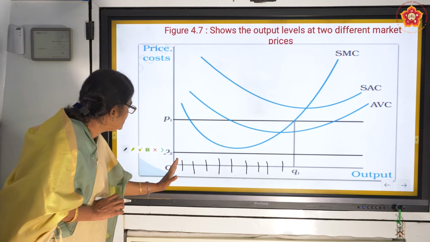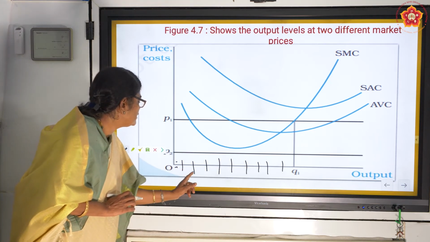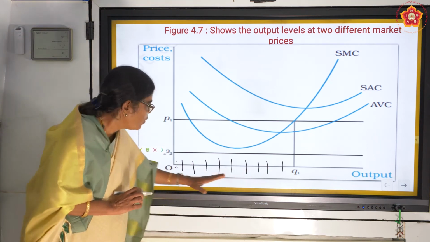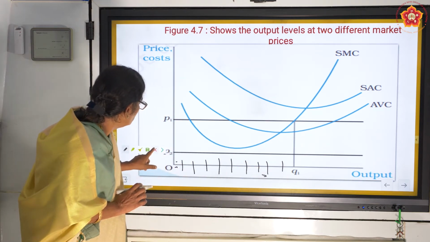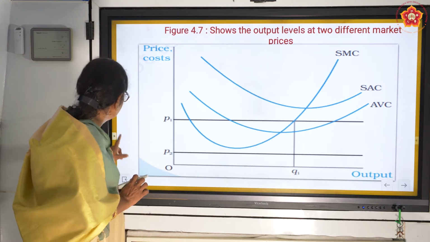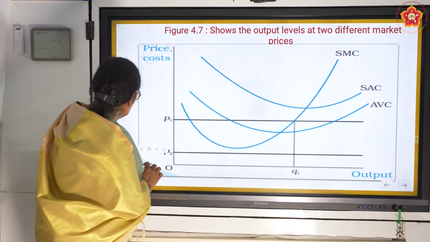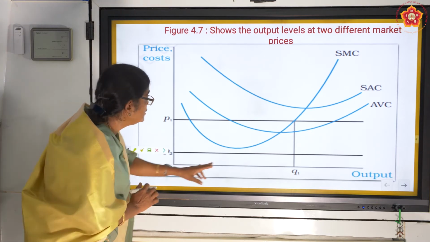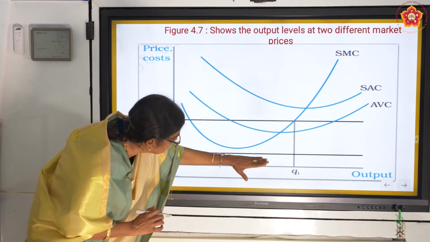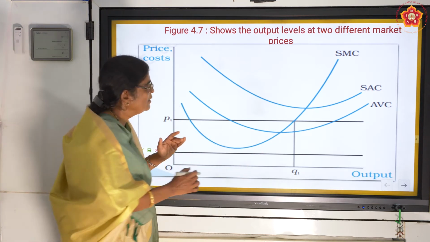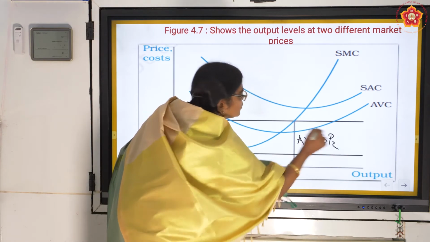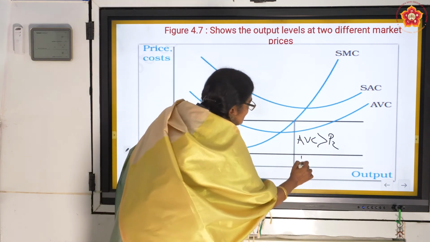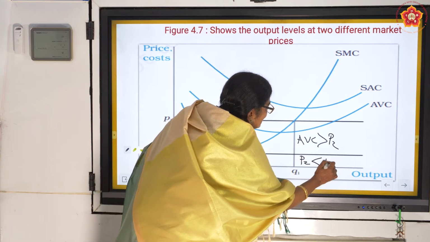If output is more than 0, these are called positive levels of output. For all the positive levels of output, you can see P2 is less than AVC. That means AVC exceeds P2. In other words, P2 is less than AVC.